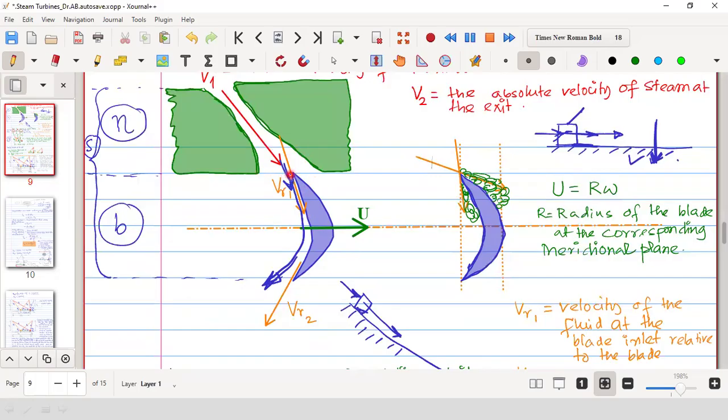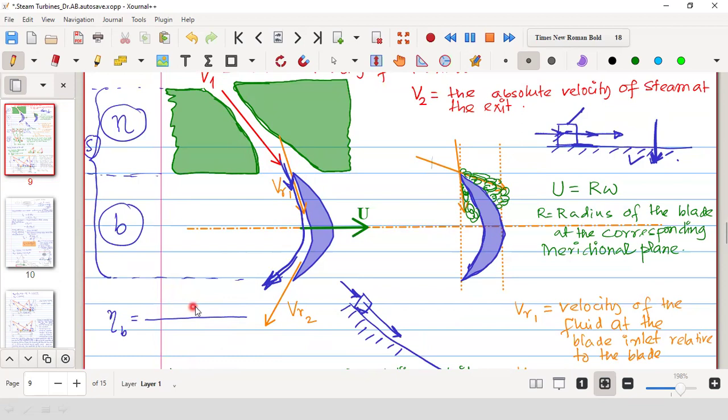For blade efficiency, in the denominator, we have the energy available at the entry. Entry means before entering the blade. That means that was the kinetic energy generated by the steam, kinetic energy generated by the nozzle. So that was available at the entry of the blade. So that was the total available energy.